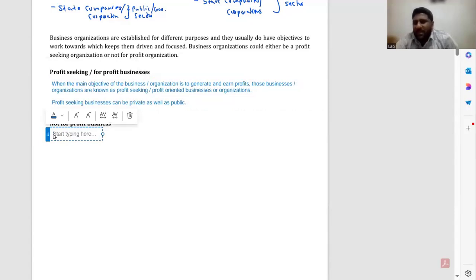Not-for-profit organizations, their objective is not making profits, but doing something good for the society, the well-being of the society and the members.